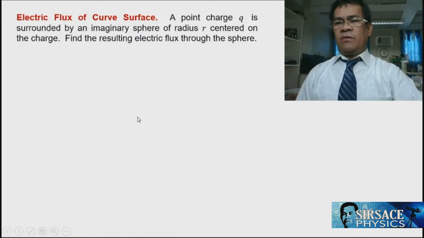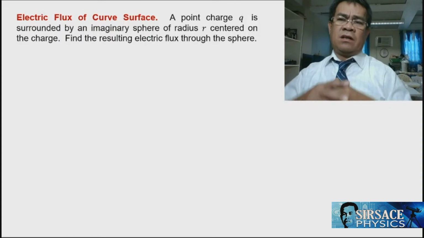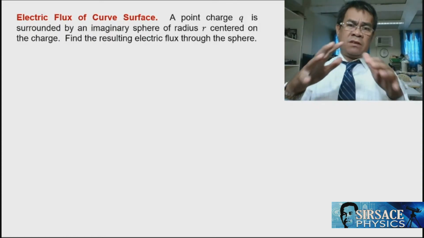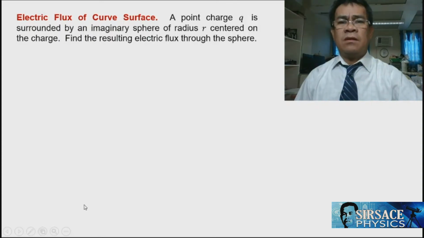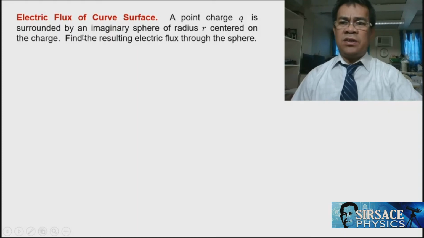the question is, what is now the electric flux if the surface is not flat? Suppose the surface is a curve. What will you do? So in this example, we are about to find a point charge surrounded by an imaginary sphere of radius r centered on the charge.